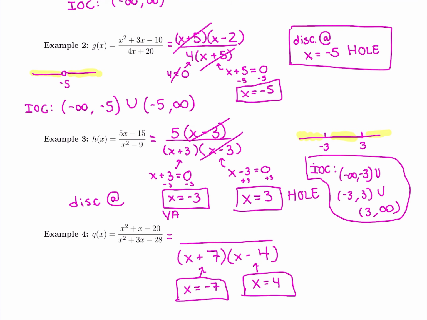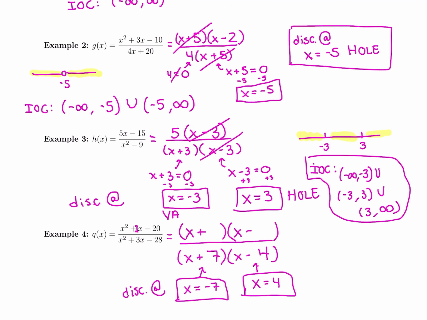Here are my discontinuities. And to tell the type, I need to factor the numerator. The numerator I want to multiply to be a negative 20, so I have a positive times a negative. And I want factors that differ by 1 because there's really a 1 in front of this x. Factors of 20 that differ by 1 would be 5 and 4.